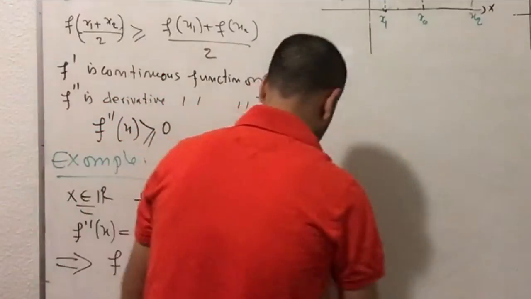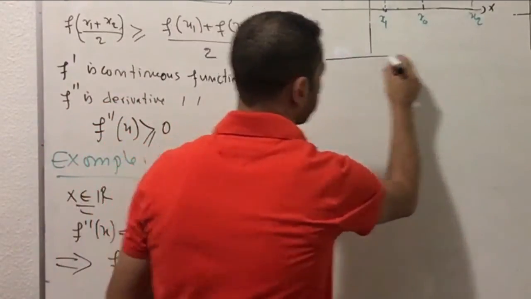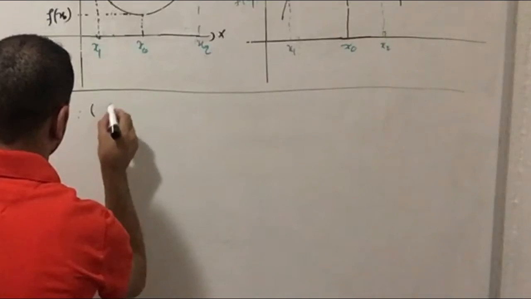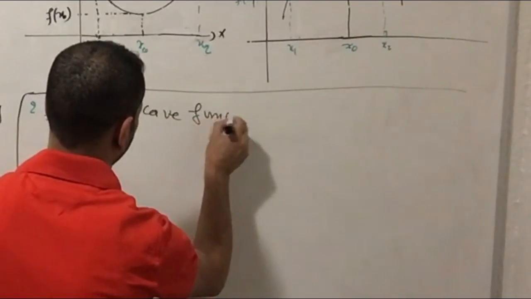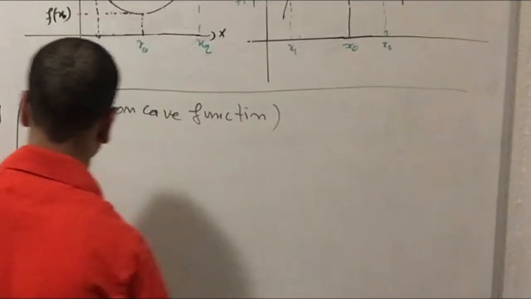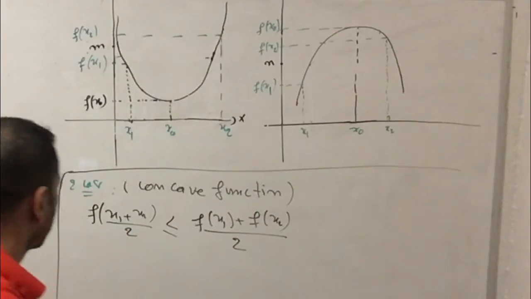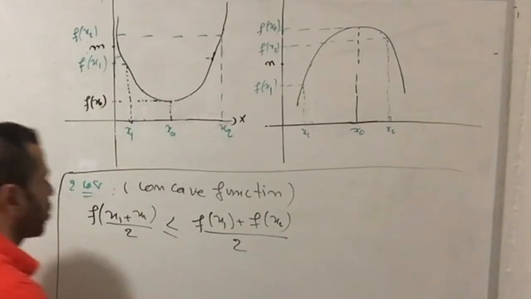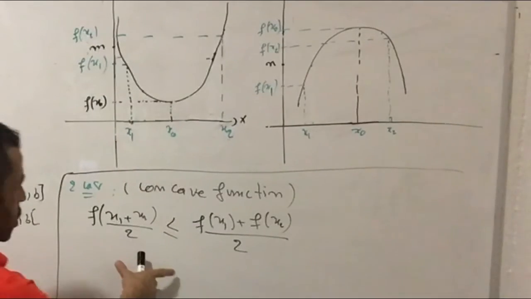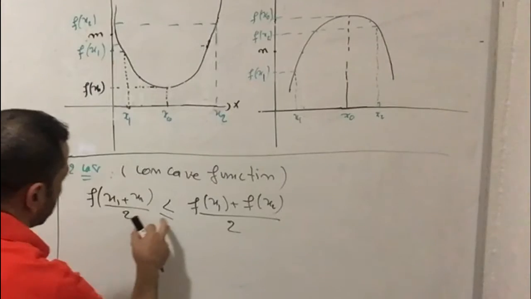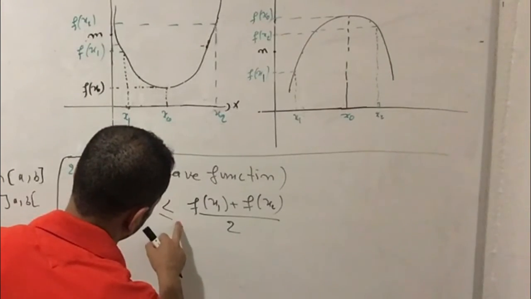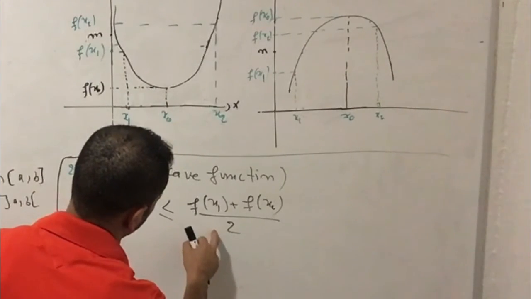So let's take the second example, a concave function. In the second case, we have a concave function, which verifies this condition: f of (x1 plus x2) over 2 is inferior or equal to (f of x1 plus f of x2) over 2.